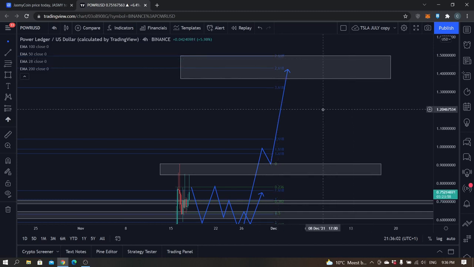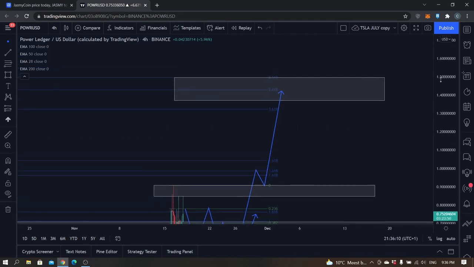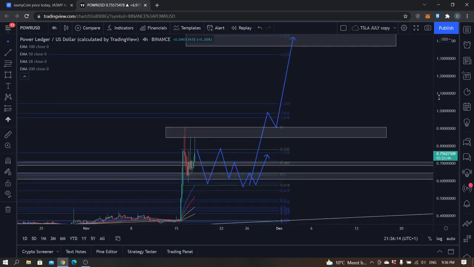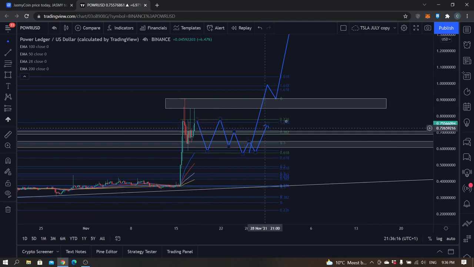That's the next strong resistance, at least based on my technical analysis. And the 1.5 again is a psychological resistance area. So that's what I think is going to happen to POWR in the upcoming days and weeks.